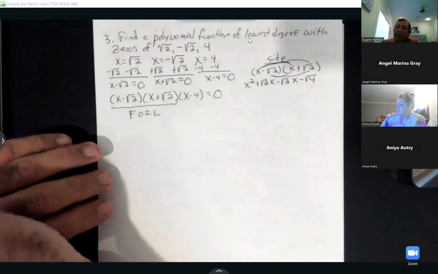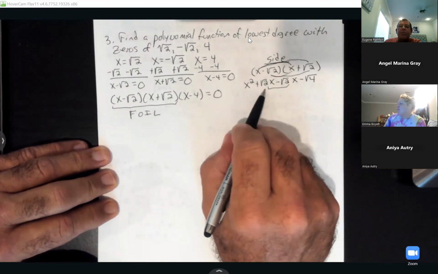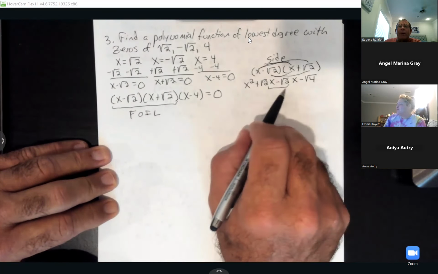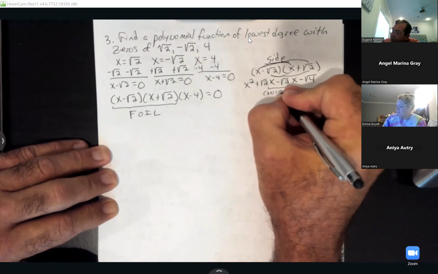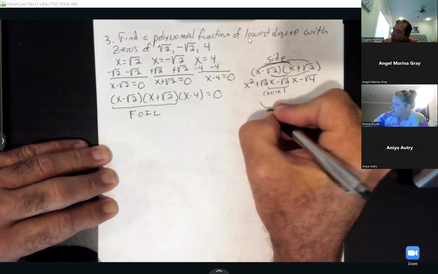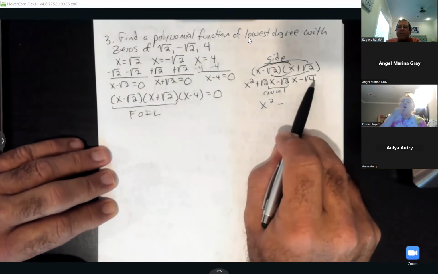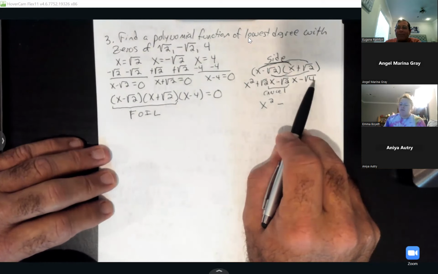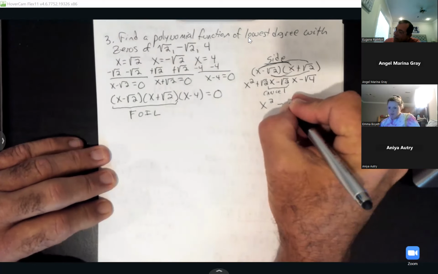All right, y'all, watch how the radicals disappear. Look in the middle. You got a positive 2 square root of 2, negative square root of 2. Those are going to cancel. So bring down your x squared minus, well, y'all, what is the square root of 4? Square root of 4 is a 2, so that comes out as 2.